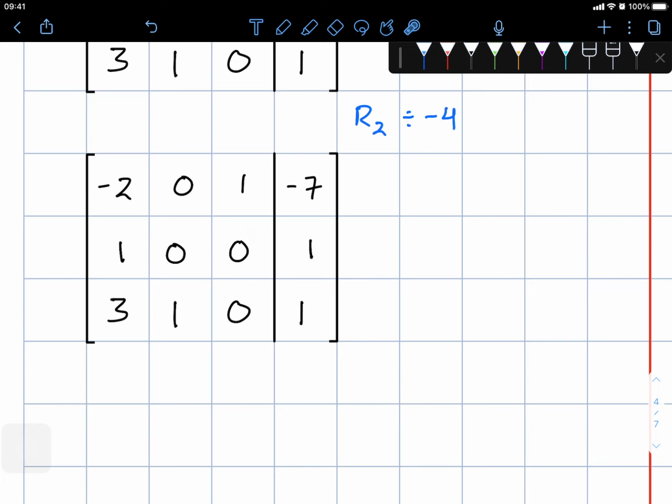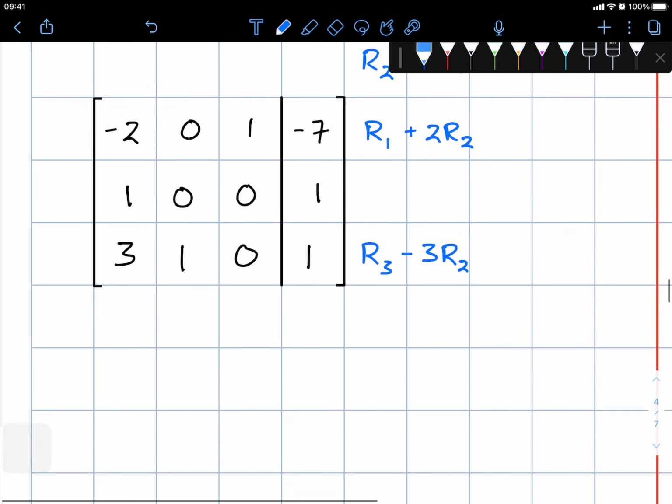And now we're down to our last step, because since these are 1s, I can make these 0. So let's eliminate these two. We can accomplish that by doing row 1 plus 2 times row 2, and row 3 take away 3 times row 2. Let's calculate this one now.